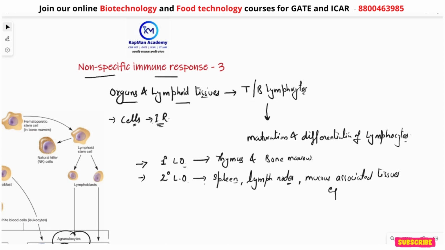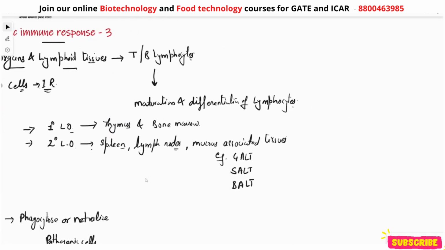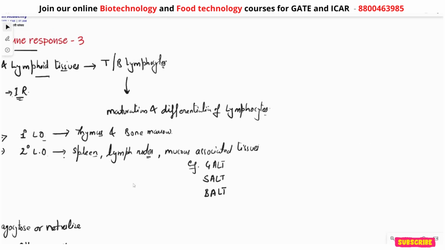For example, gut associated lymphoid tissue, skin associated lymphoid tissue, and bronchial associated lymphoid tissue. So now let's talk about the primary lymphoid organs, right?